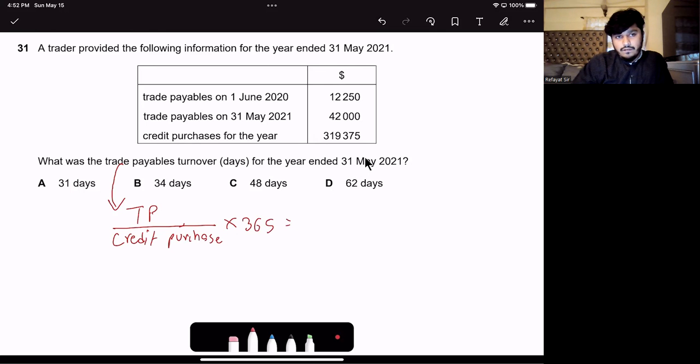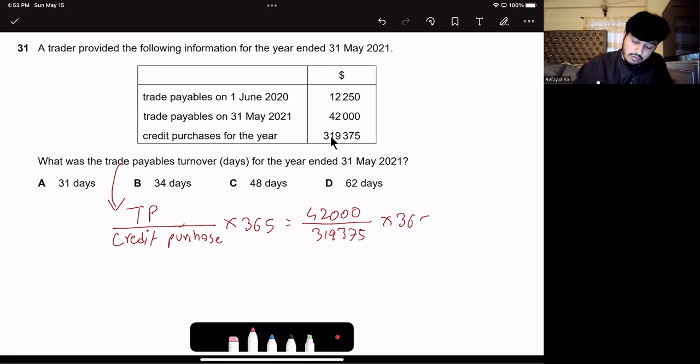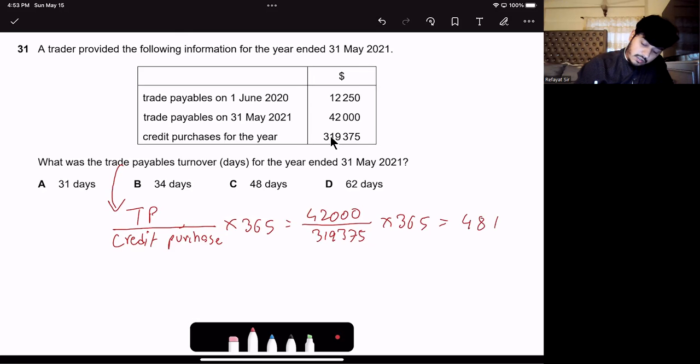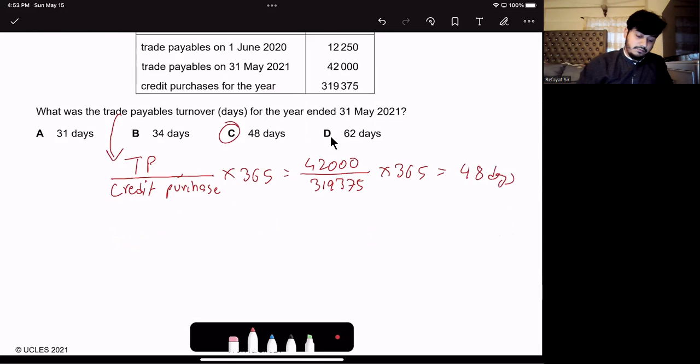So we need to find the trade payable at 31st May, year end, which is $42,000, divided by credit purchases, into 365. That will give you approximately 48 days.